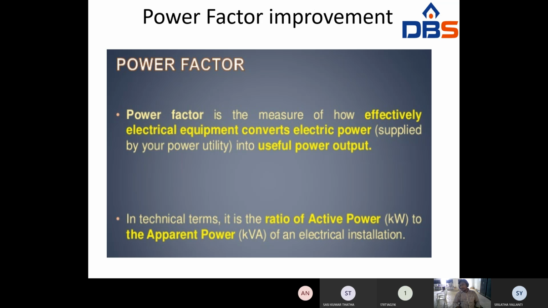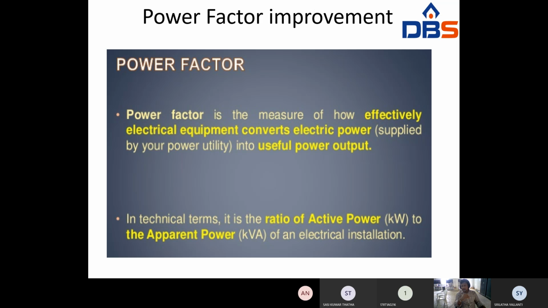Power factor equal to 1, or nearly unity, means that the system or industry maintains a good voltage profile. Maintaining a good power factor gives benefits to industries or consumers also. Why?